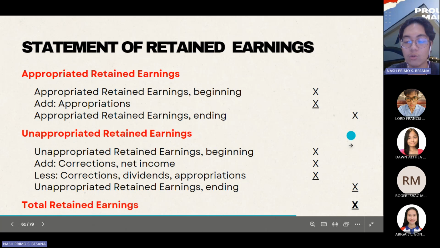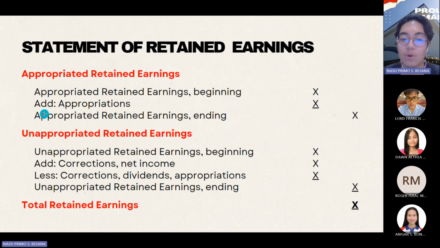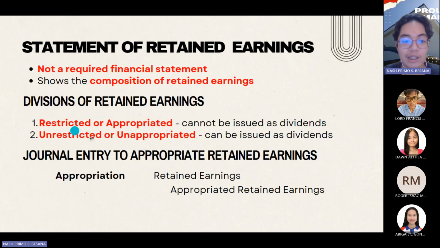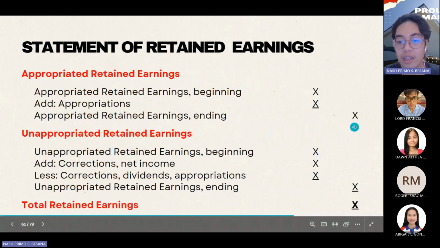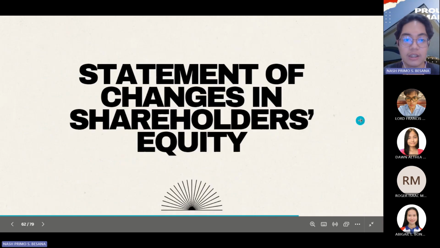So when we have these two amounts, yung appropriated and unappropriated, we can sum them up to arrive at the total retained earnings. So ayun lang naman siya. Wala namang masyadong accounting problems with this one. Mostly with regards to journal entry, and if kailangan, you may try then preparing the statement of retained earnings.